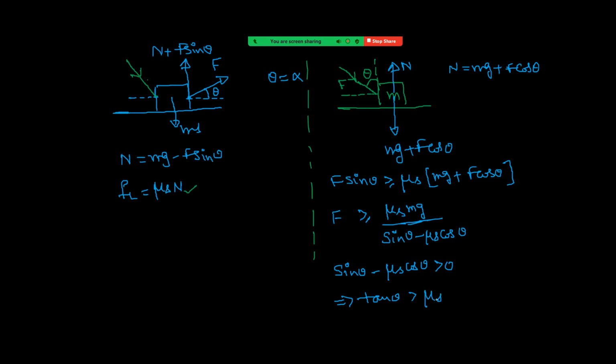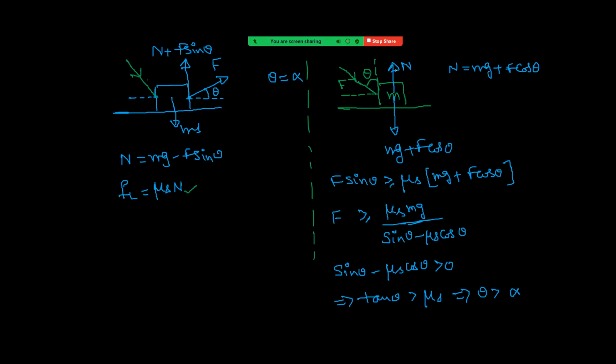Okay, and we know that mu s equals tan alpha, where alpha is the angle of friction. That means if this angle is greater than the angle of friction, then we can move the block. See once again, if this angle made by the force with the vertical is greater than the angle of friction, then we can move the block. If it is less, then we cannot move the block. See carefully.